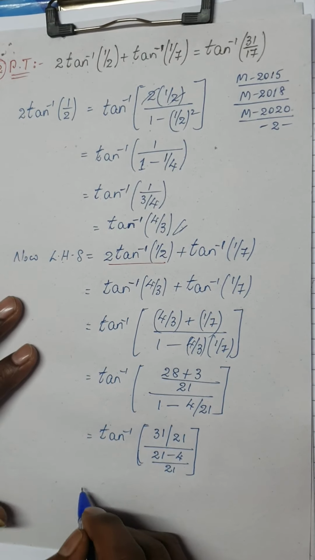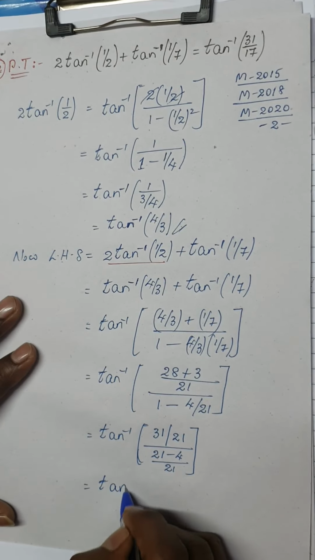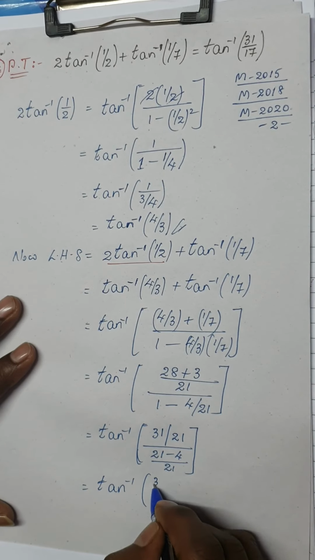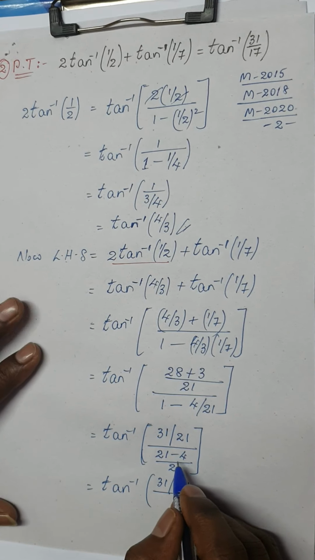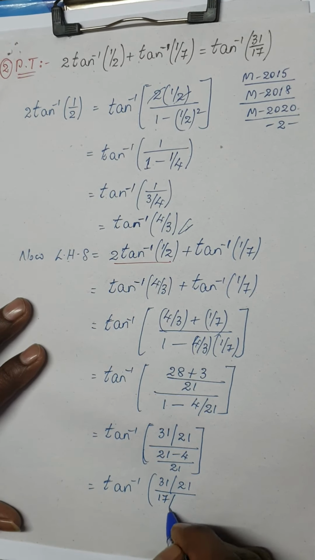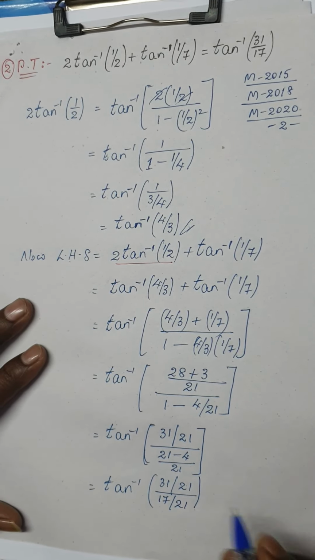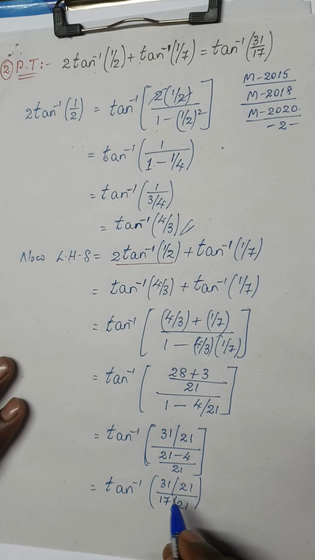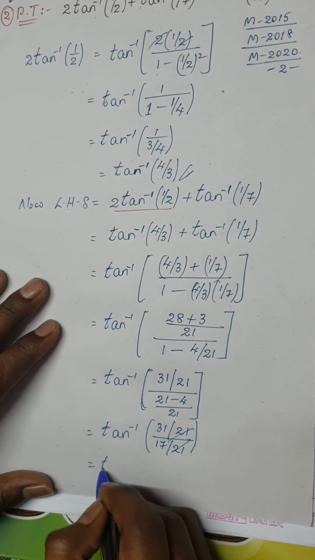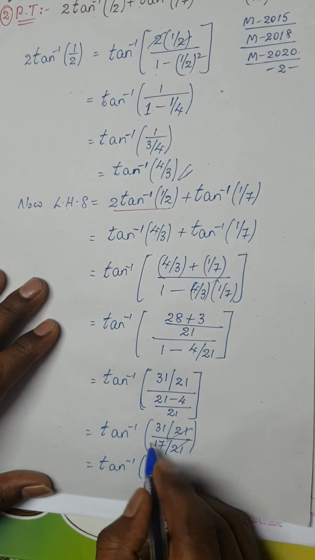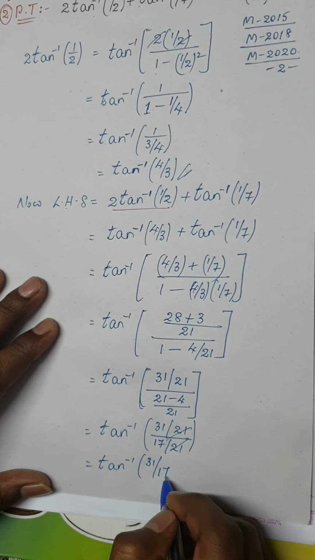So this is nothing but tan inverse of, check it, 31 by 21 is the numerator, divided by, now what is 21 minus 4? It is actually 17 by 21, isn't it? So if you cancel both the denominators, which are 21 and 21, you are left over with tan inverse of 31 by 17.